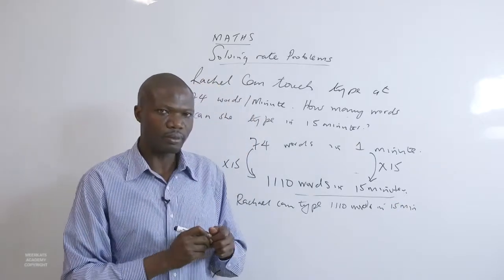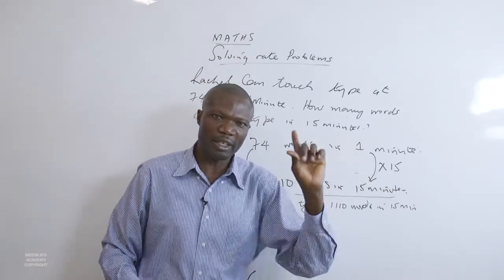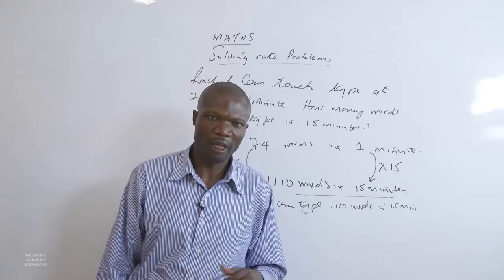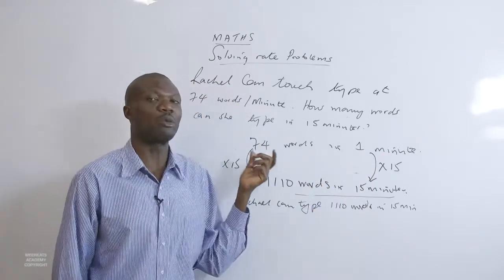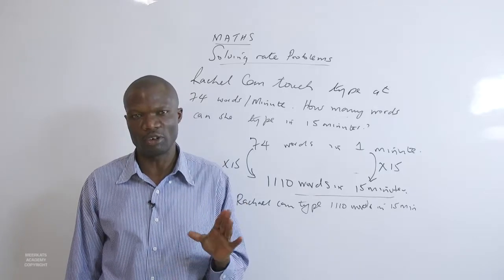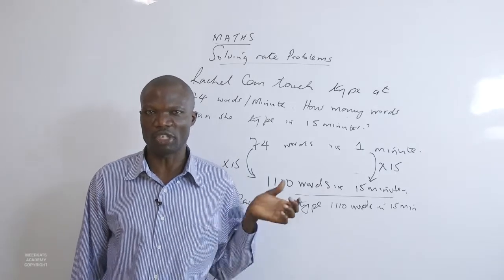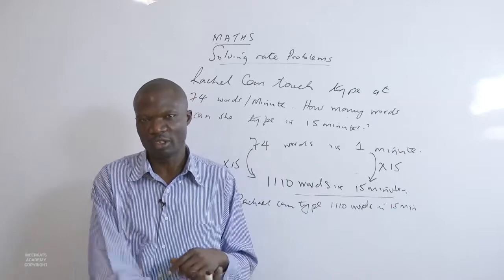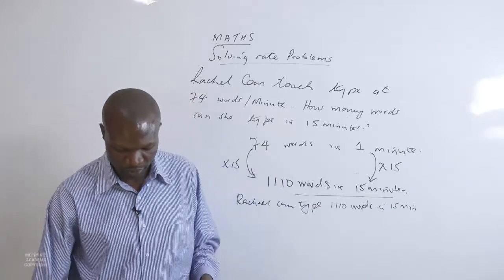We multiplied time by 15, and we multiplied words by 15. Rate always works like that: whatever happens on one quantity will happen on the other.